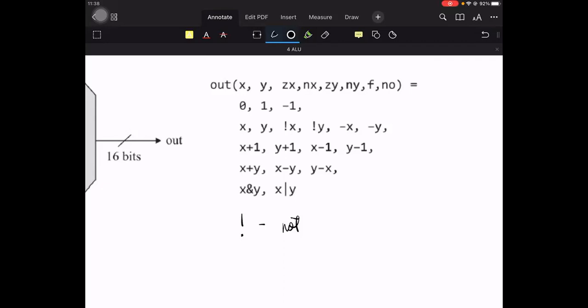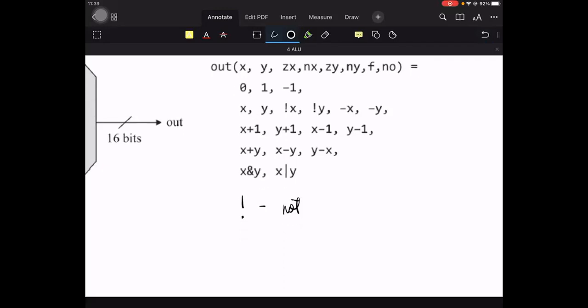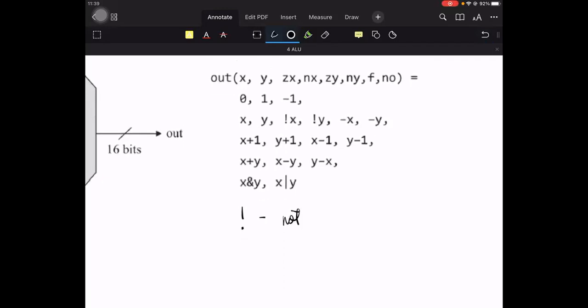In the Boolean algebra of our analysis class, there is a symbol for the AND. It's not so for our HDL. This one is addition, or sum. The AND is the ampersand symbol. The OR is this one.